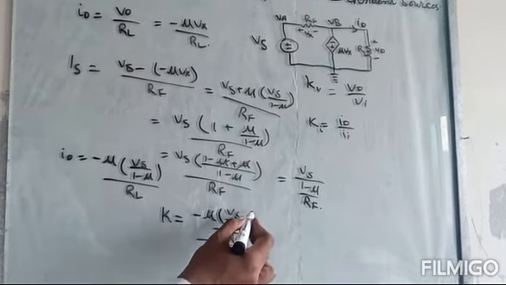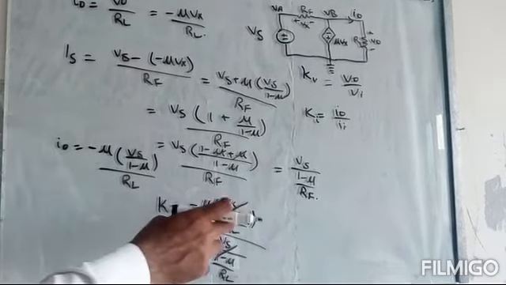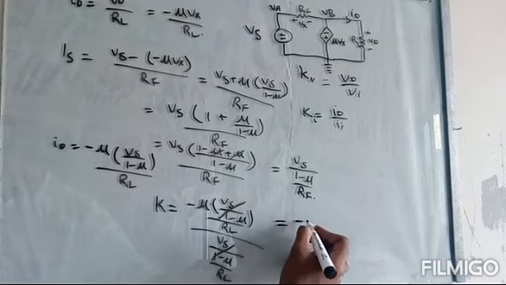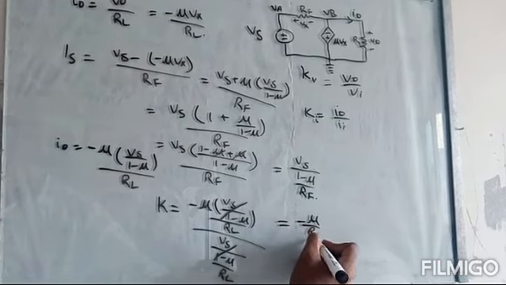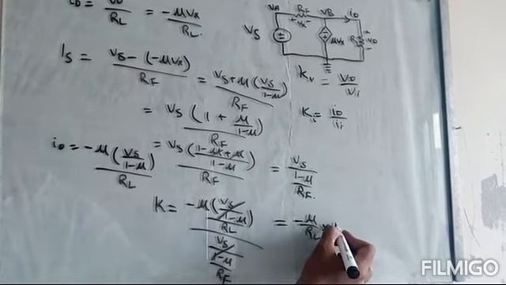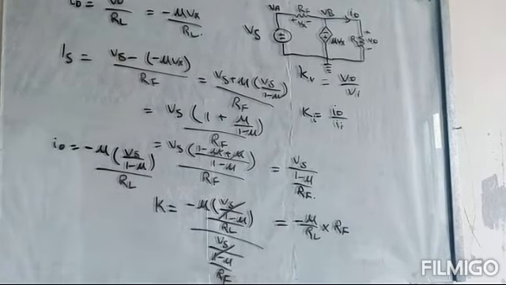These two terms will be cancelled. The remaining answer will be minus mu over Rf. This Rf will be multiplied with this. So this is our K.